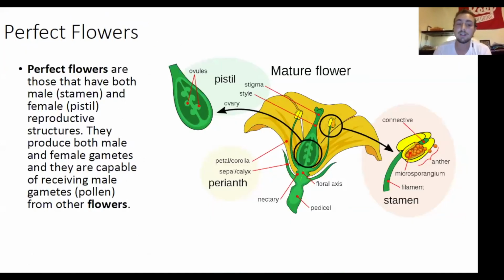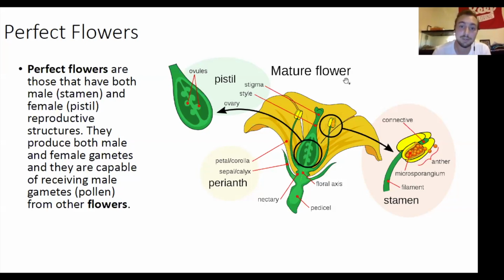And we had gotten into some discussion about plant sexuality, so monoecious versus dioecious, which is the next slide. But first, I wanted to talk about perfect flowers, so flowers that are both male and female. This is apparent for our tulip tree. They have both the male stamens, which have the pollen, and the pistil, which includes the ovary and ovules.